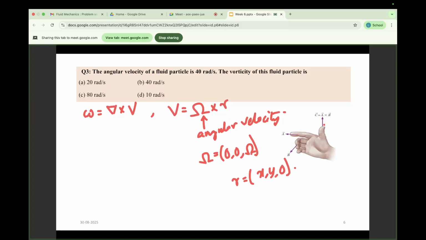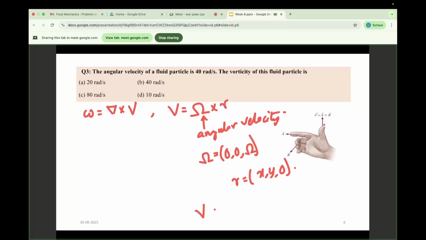Why am I taking this? Because I am considering this fluid particle is rotating along the z direction. If you are considering rotation along the y direction, then this r vector should be x, 0, z. So accordingly you can choose, right? It's a cross product, so I can write this velocity v.